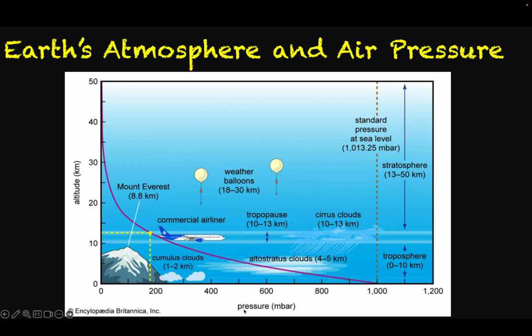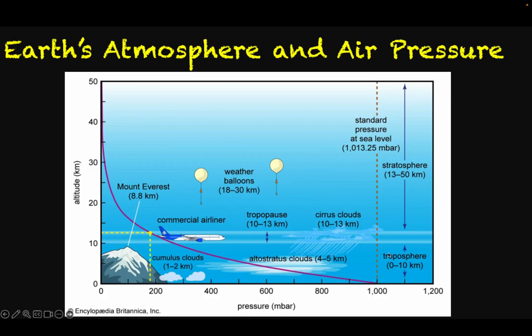The air pressure here is in millibars, which is covered by the conversion chart I posted on Blackboard. At sea level, atmospheric pressure is about 1,000 millibars, or 1,013.24 millibars. That is your standard pressure at sea level, equivalent to 760 millimeters mercury.